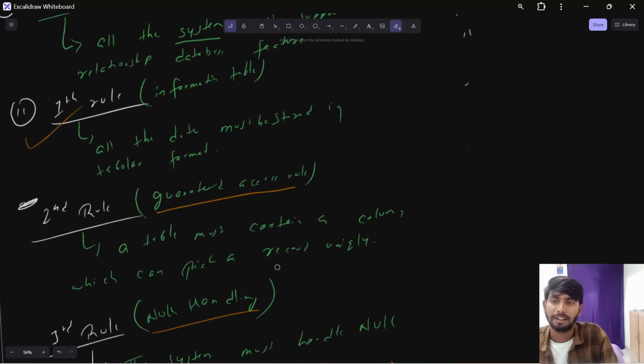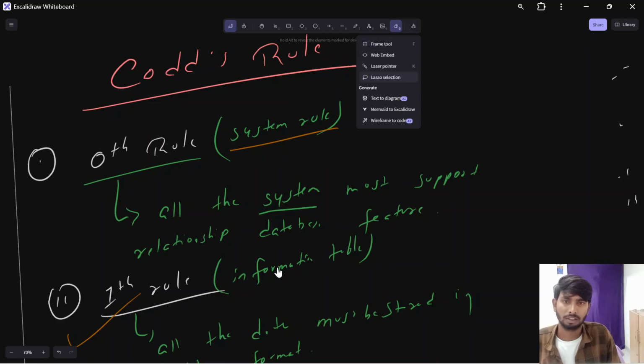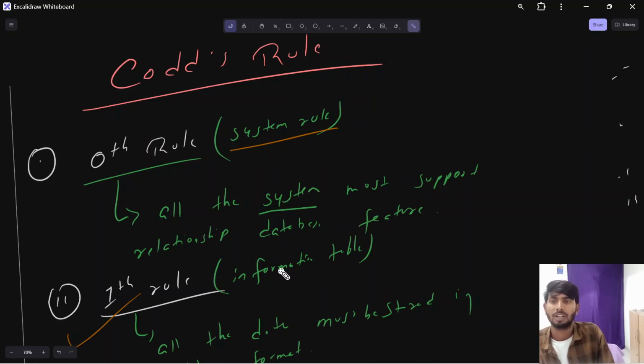I will explain one more time. We read about Codd's rules. There are a total of 13 rules. The zeroth rule says the system must support the relational database feature.